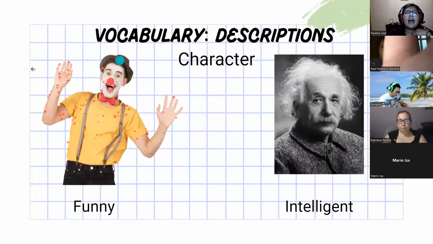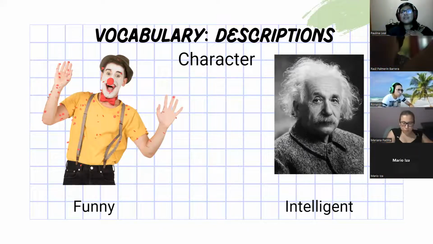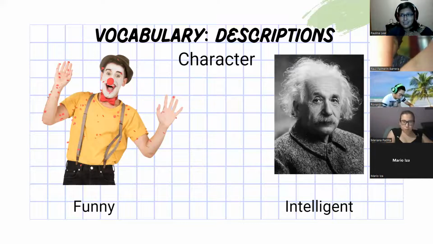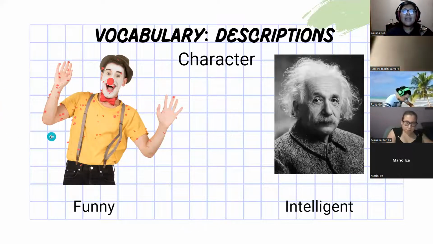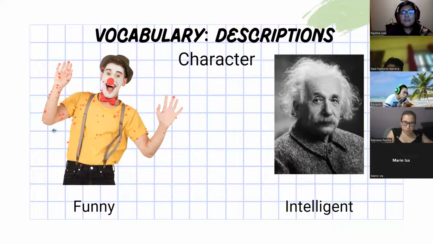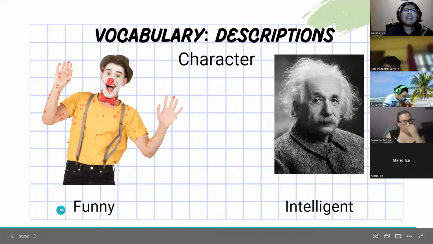Now, I can also describe somebody's character, what somebody acts like, not what somebody looks like on the outside physically, but what somebody is in their hearts and in their brains. So if somebody makes you happy, if they make you laugh, you say that the person is funny.